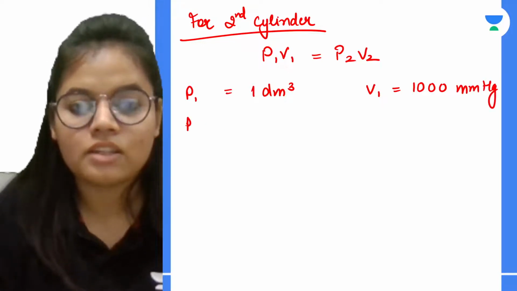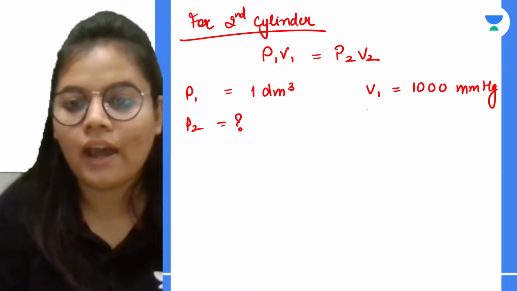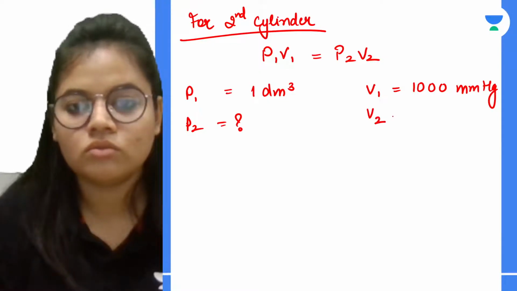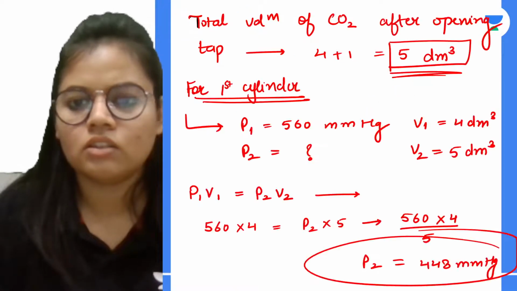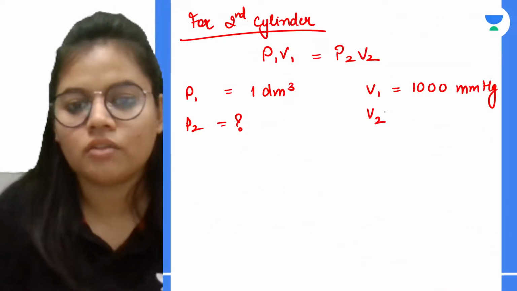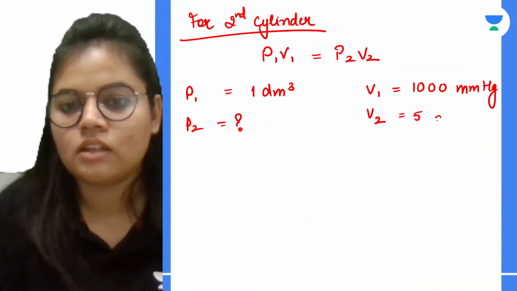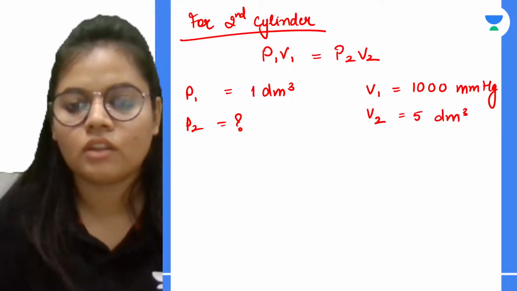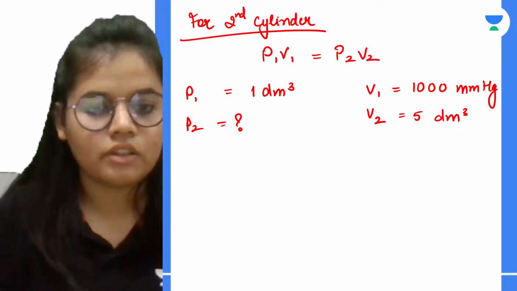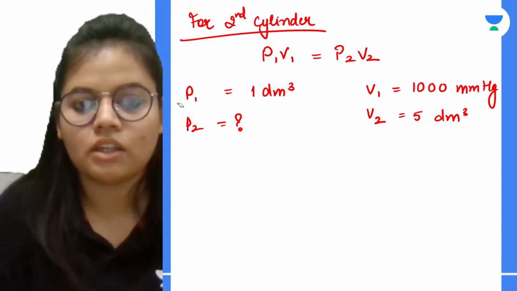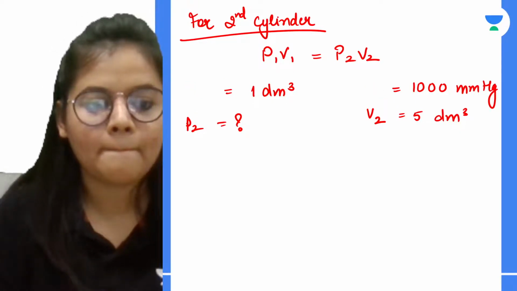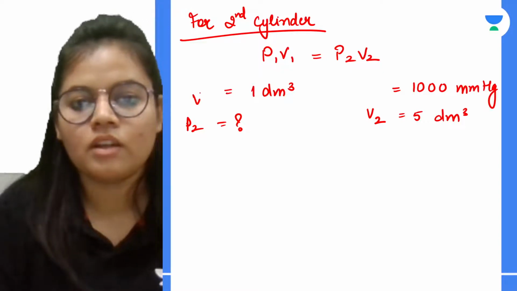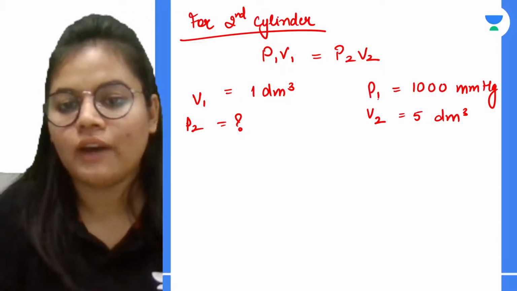Then pressure 2 we have to calculate, and volume 2, sorry, 5 dm cube. I have made a mistake here. So these are our values.